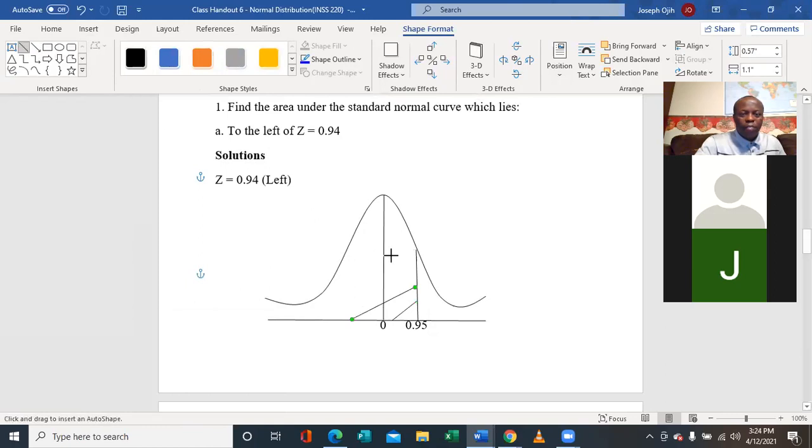If I put the color, it will color the whole thing, so let me just use a curve. All the shaded places are to the left of 0.94. So we're gonna shade them.